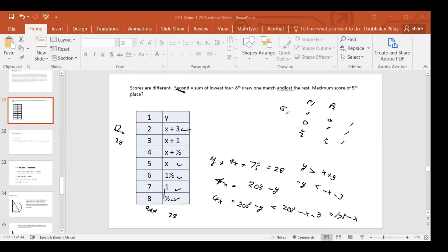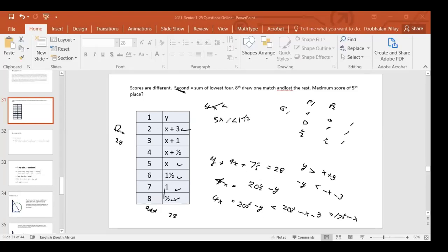Okay, so now you've got an inequality involving x. It's not very clear, sorry about this, my whole writing board has gone upside down. 4x is less than 17.5 minus x, so 4x plus x, if you bring it to the other side, 5x is less than 17.5. So x is less than 3.5.